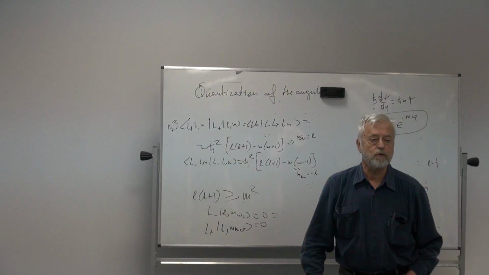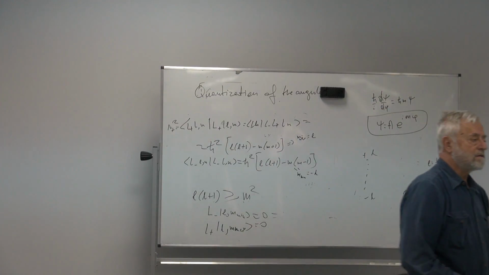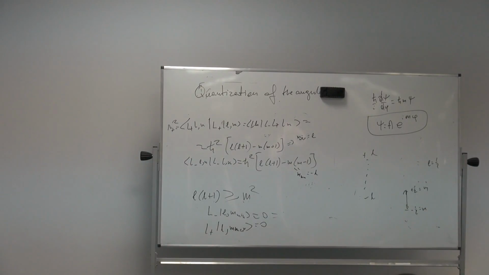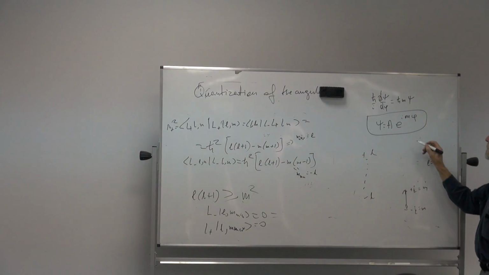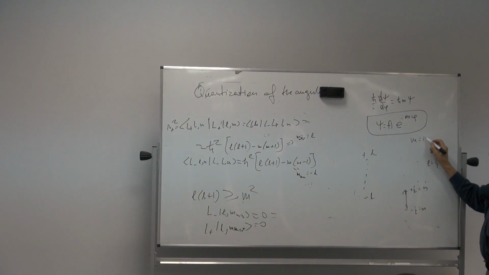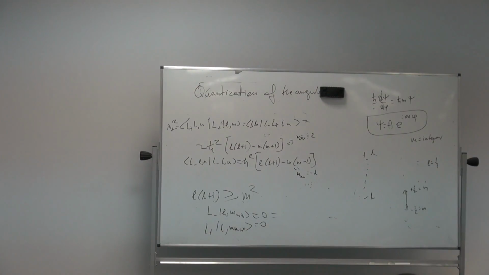And in order to be a proper square integrable function on the circle, and also a single valued function, then of course m must be integer. If m were half integer, obviously it would not be a good solution for the spatial dependence of the wave function on phi.